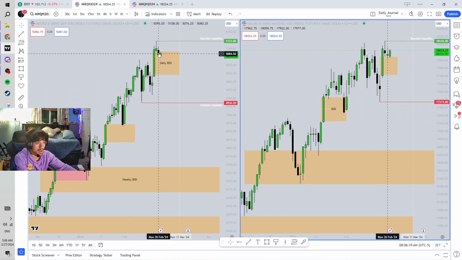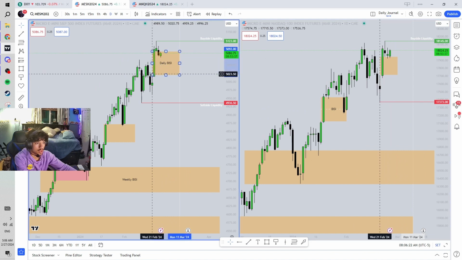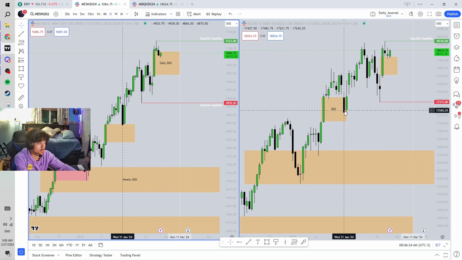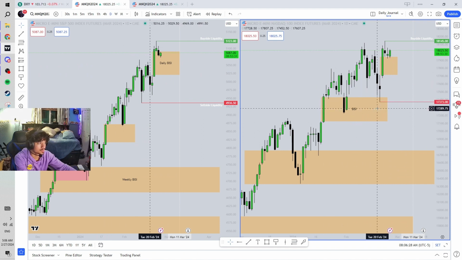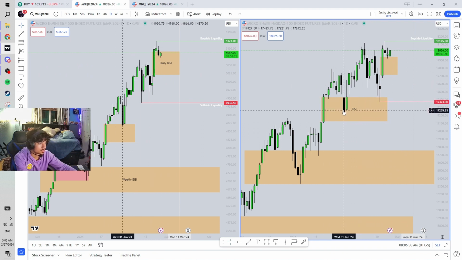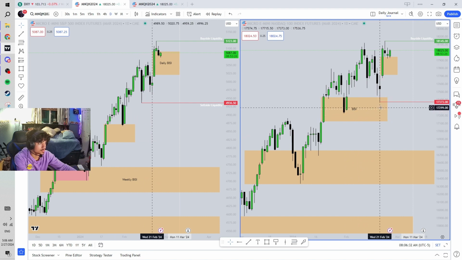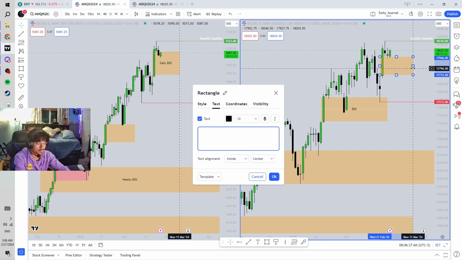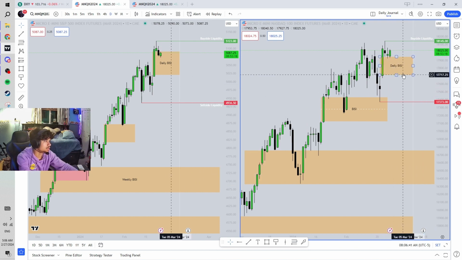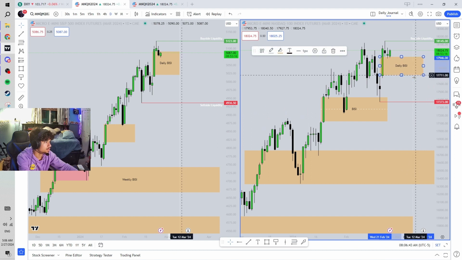I like to watch the high end, the low, as well as the midpoint, which you could see right here, like this. And so I'll mark both of these. Yes, my typing is pretty terrible, don't remind me.